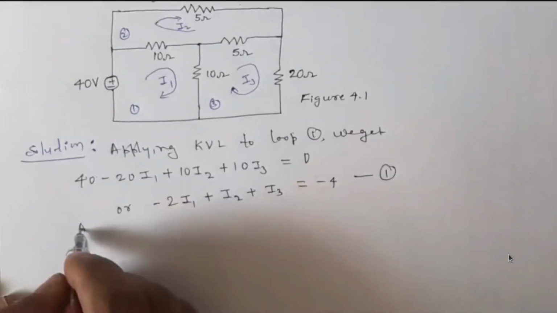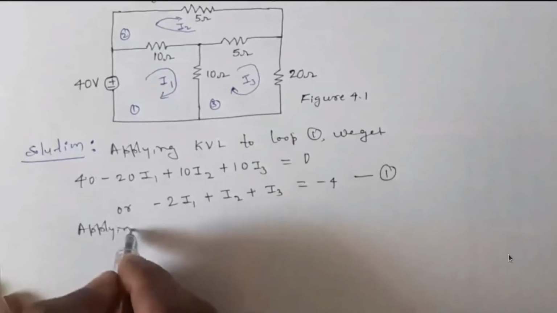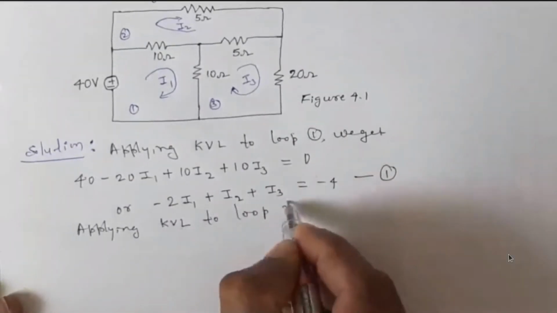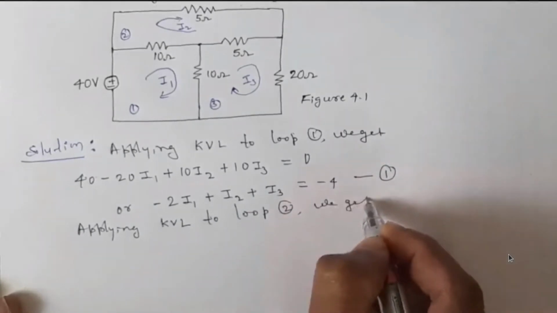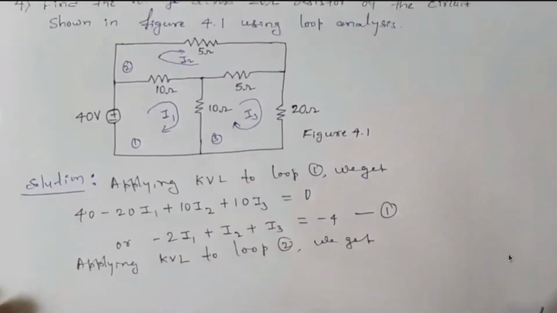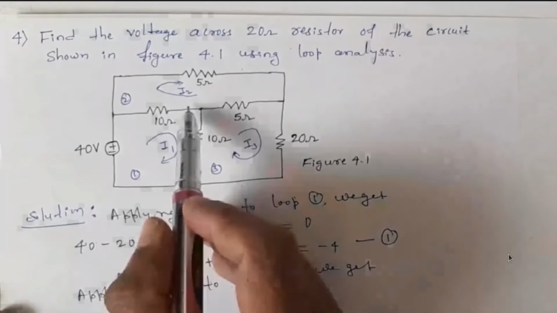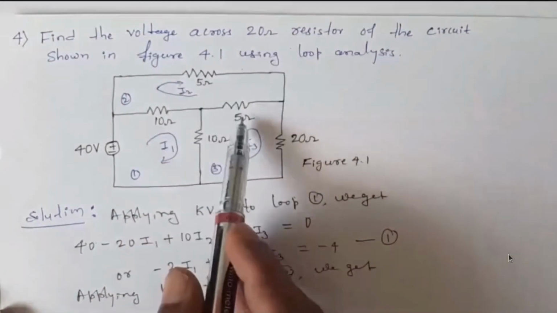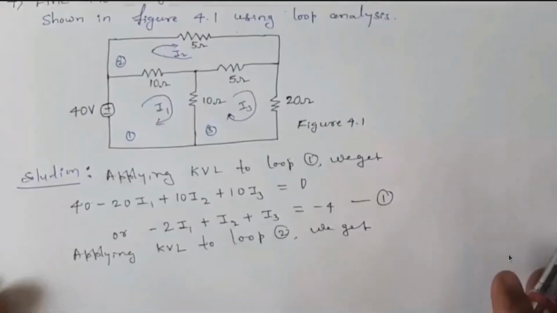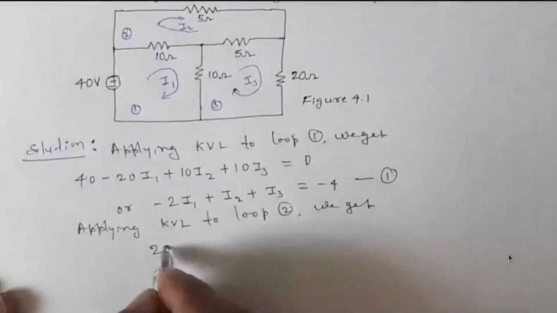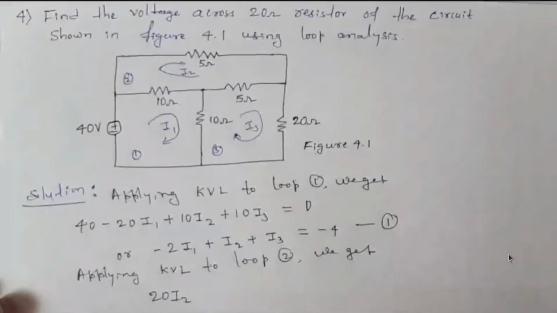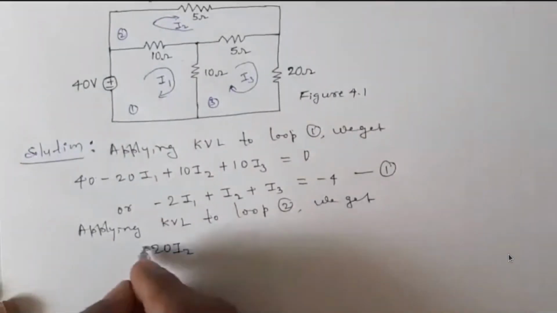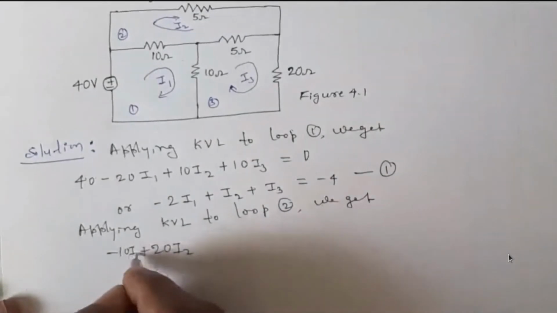Now, similarly, applying KVL to loop 2, say this is loop 2. Once again, I'll directly write here 5, 10, 20. That means 20 I2. And I1 and I2 are both in opposite direction, because of that it is minus 10 I1.